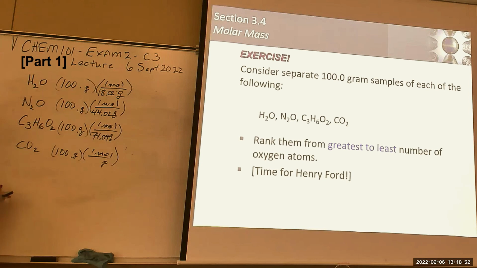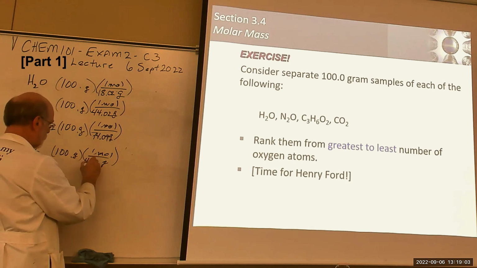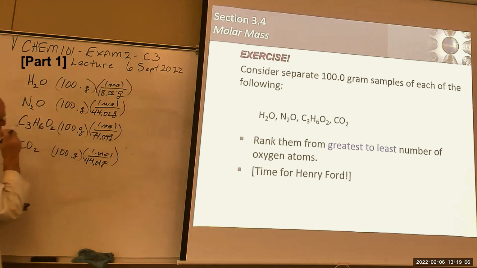Okay? And carbon dioxide. So we got oxygen, 2 oxygens is still 32. And carbon is 12.01. So that's 44.01. Okay? So that'll give us the number of moles of the compound.